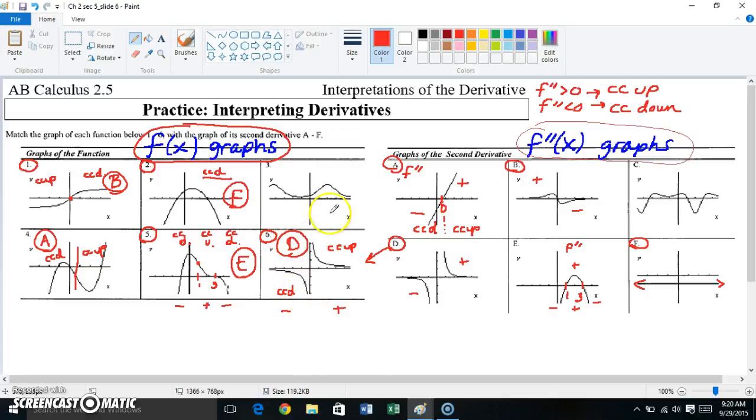All right, so obviously 3 and C go together, but let's check it out. Does it look like there might be a point of inflection, where we change from concave down to up to down to up?